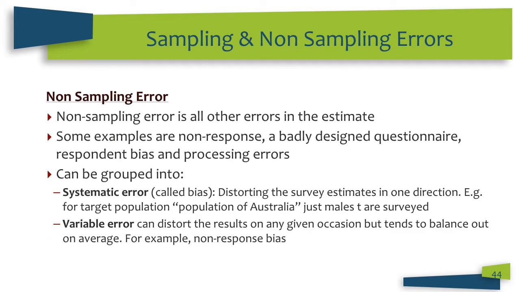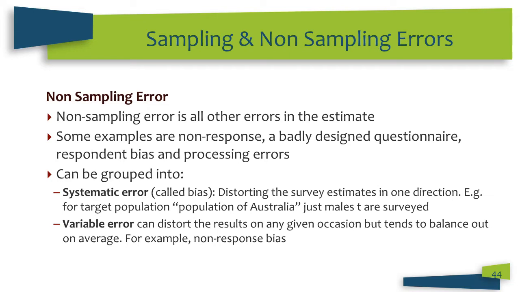And then there is non-sampling error. What is non-sampling error? It is all the other errors that contribute to your estimate, and some of them are non-response, people who did not respond, a badly designed questionnaire, respondent bias, processing errors, and things of the kind. They can be grouped in two sections.